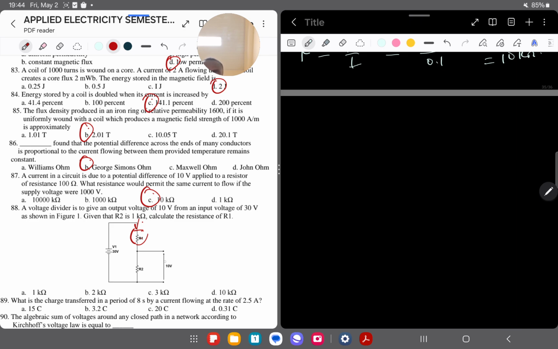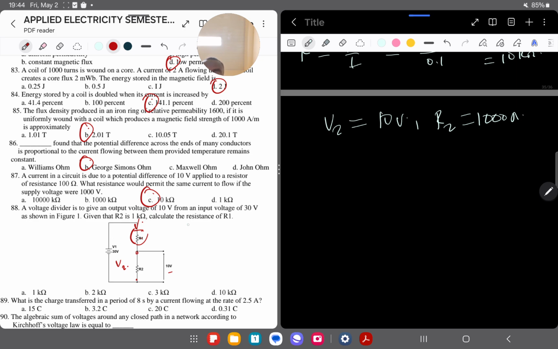So if you look, you can see the voltage across, let's say this is V2 across R2. You can see the value here is 10 volts. And the resistance from the question, given that R2 is 1 kilo ohms, so R2 is 1000 ohms.